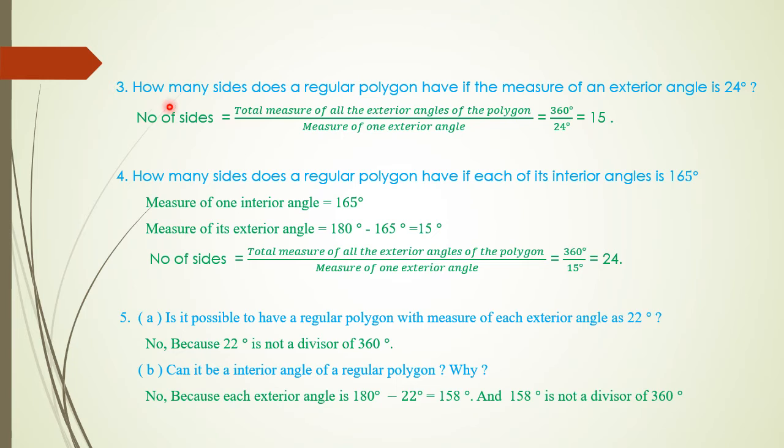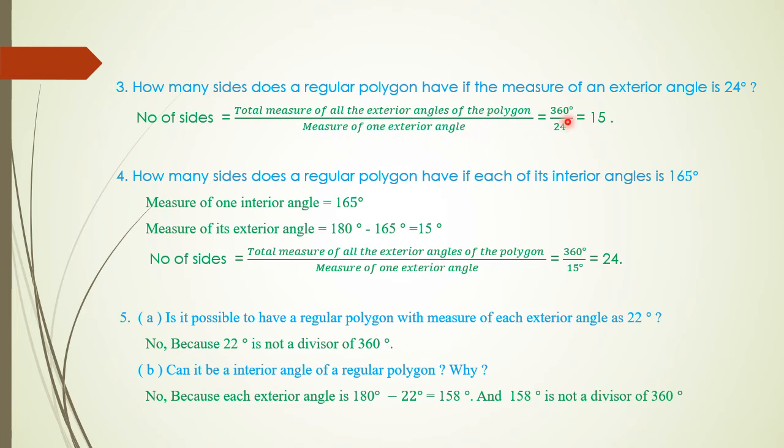Question number 3. How many sides does a regular polygon have if the measure of an exterior angle is 24 degree? Children, here we have to use the formula. Number of sides of the regular polygon is equal to total measure of all the exterior angles of the polygon divided by measure of one exterior angle.